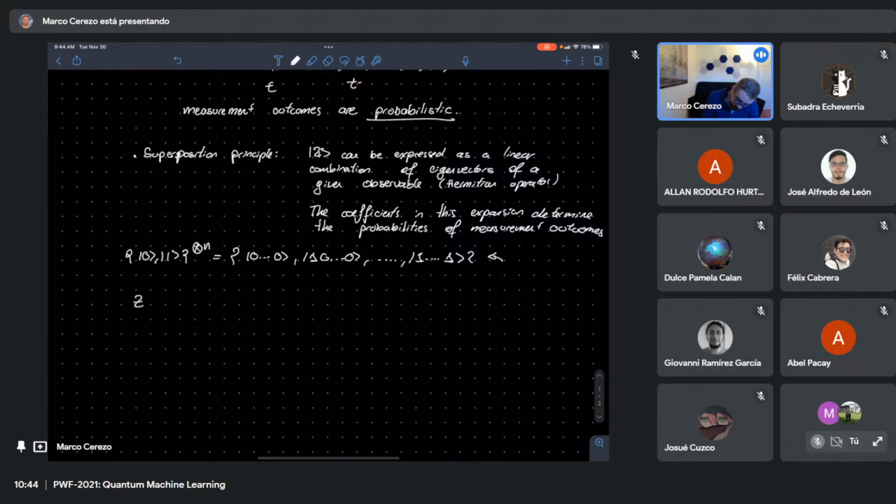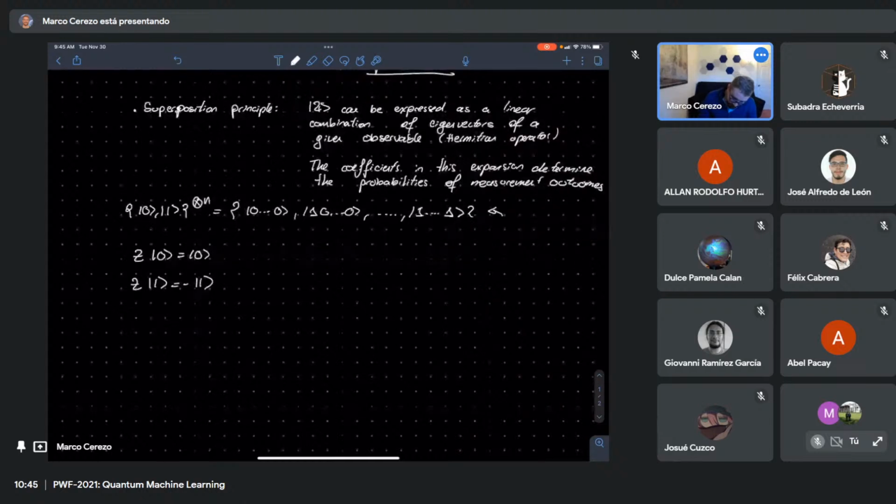Because we already know that Z acting on a single qubit state 0 is equal to 0, and Z acting on 1 is equal to -1. So these are the eigenvalues of just one particular observable. But in principle, we can think about an observable that has eigenvalues a_i and associated eigenvectors |a_i>, and we could always expand our state in this basis, right?